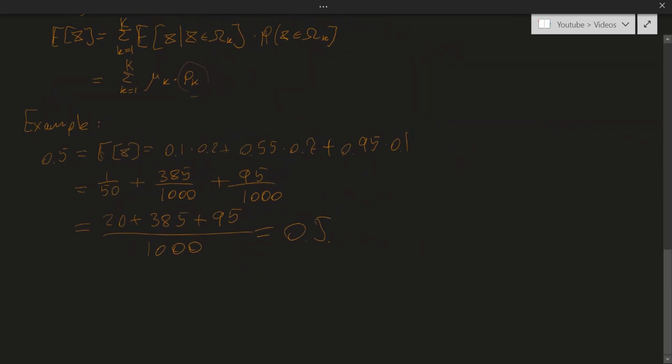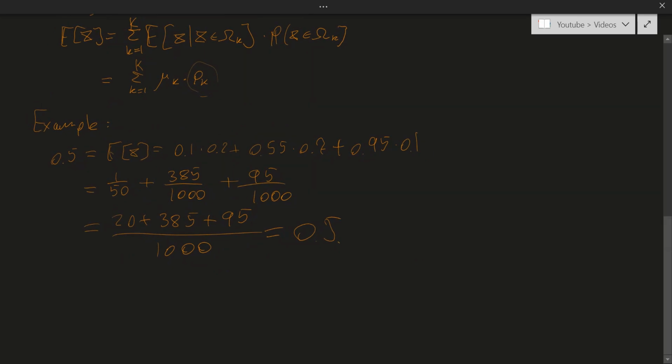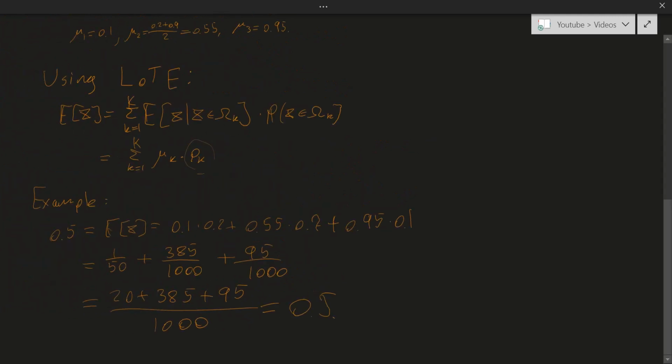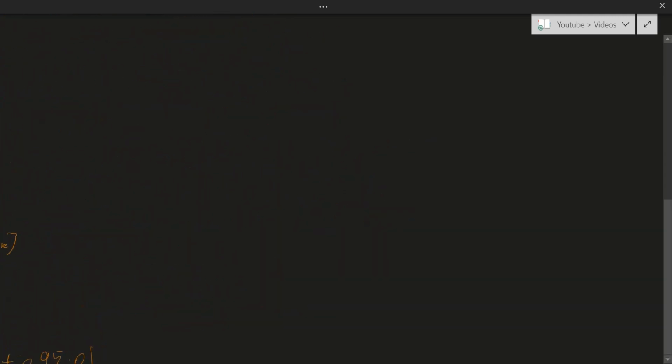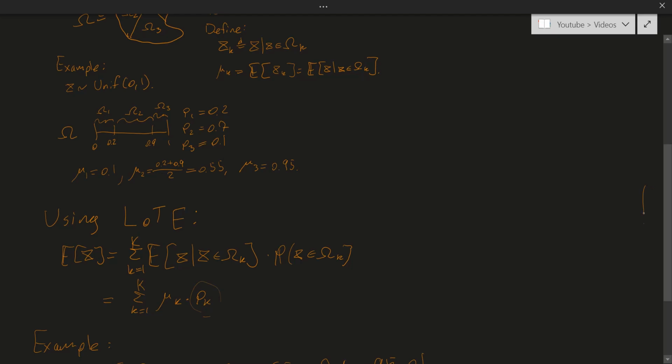So that's just showing that this is what we would expect, because the law of total expectation is a well-known result, which is extremely useful.